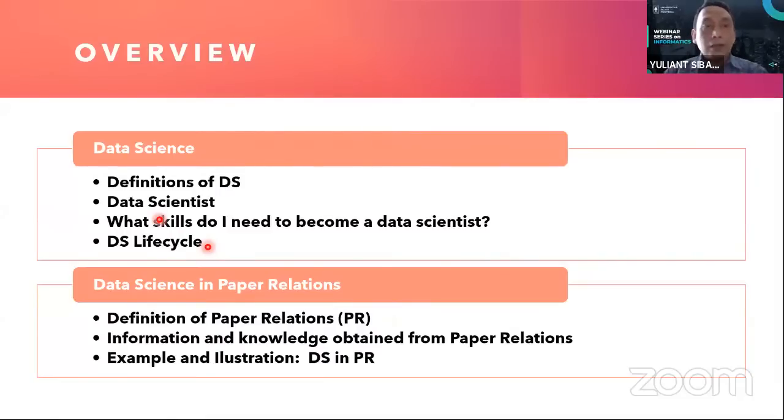In the second part, I will talk about data science in paper relation. There is the definition of paper relation, information and knowledge obtained from paper relation. And the last is examples and illustrations of data science in paper relation.